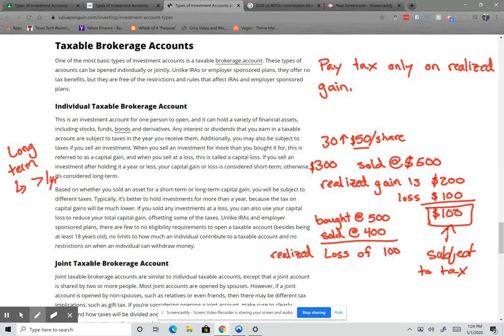As long as I own it for a year and a day, it's considered long-term. If I bought it and sold it 364 days later, under a year, it's short-term. Long-term capital gains get a lower tax rate, and short-term capital gains are taxed as regular income.